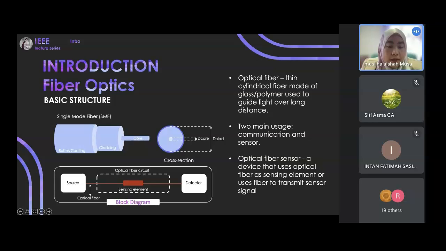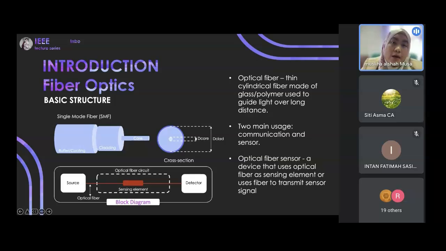Okay, as we can see here, the block diagram contains 3 parts, which are the source, the sensing element, and then the detector.